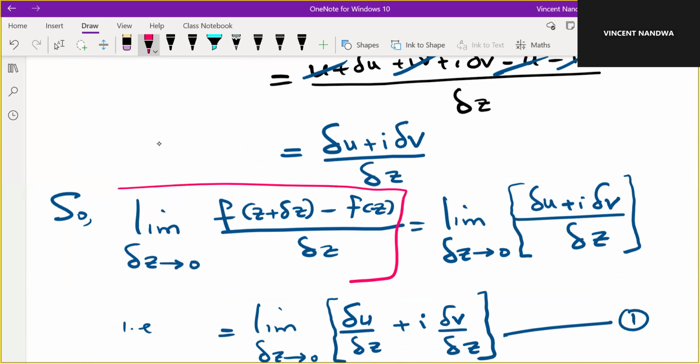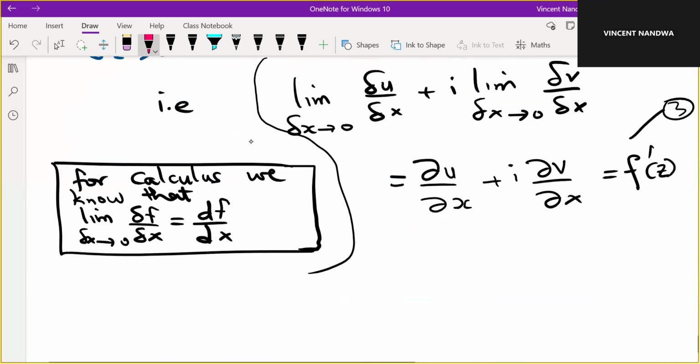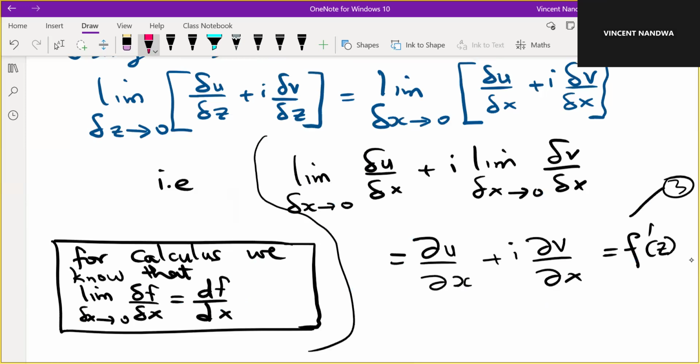So f prime of z reduces to partial u partial x plus i partial v partial x using this result.